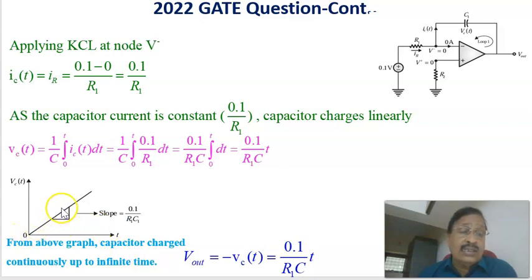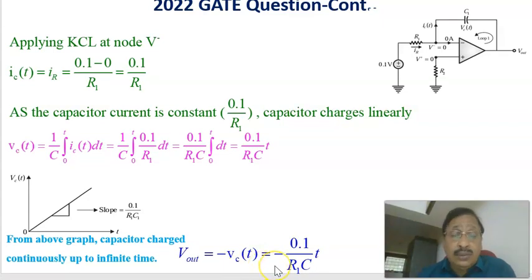The output voltage V out, as we already derived, is equal to minus of VCT, which means it is equal to minus 0.1 divided by R1C into T. Therefore, the output voltage is the negative of the capacitor voltage, minus VCT, which is equal to minus 0.1 divided by R1C into T.